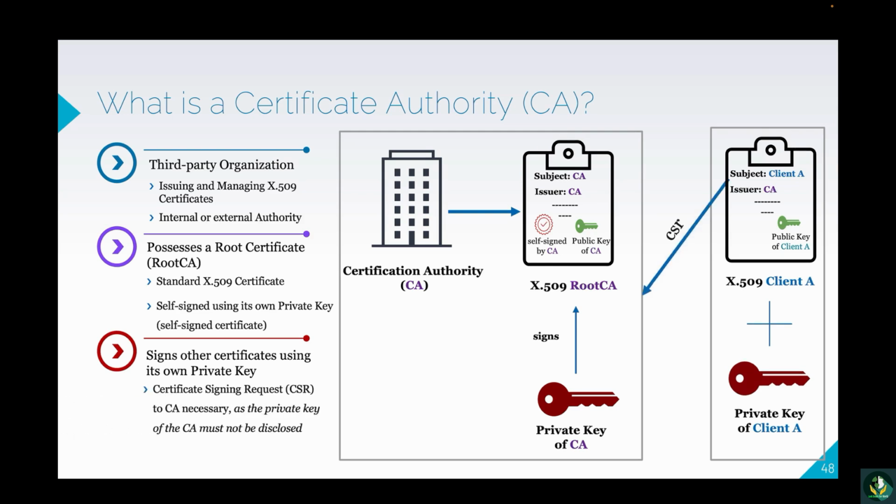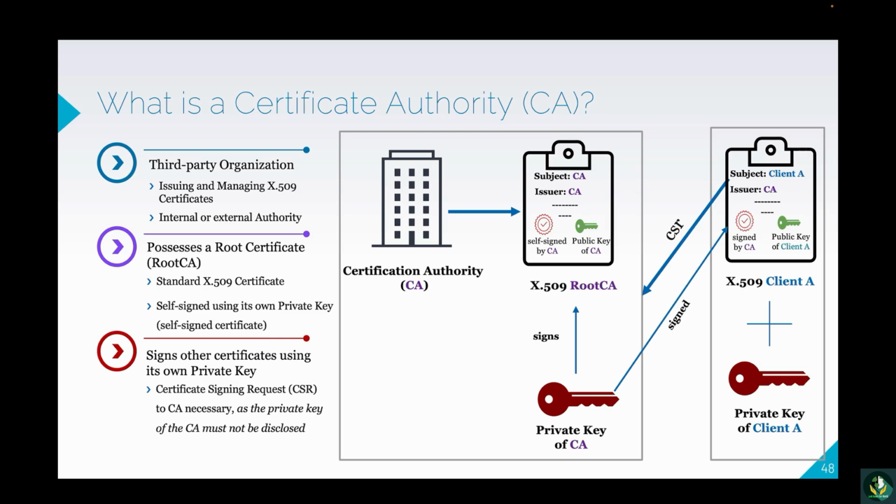Next, the entity sends a certificate signing request, CSR, to the certificate authority. This request includes the certificate and the public key but not the private key. The certificate authority then uses its private key to sign the certificate, establishing trust.